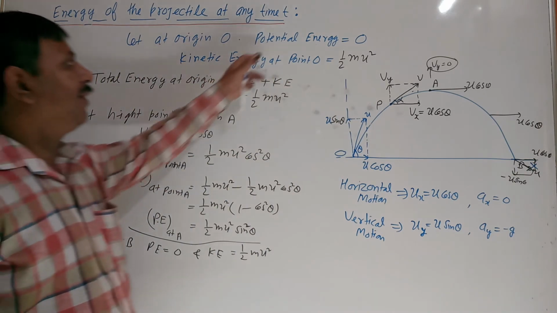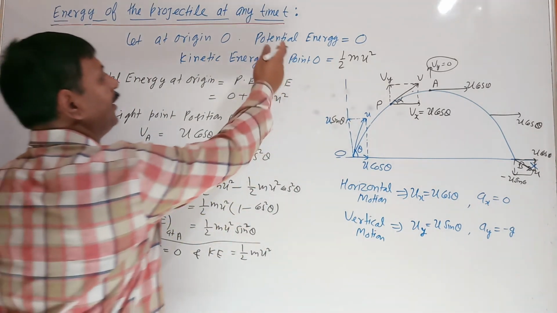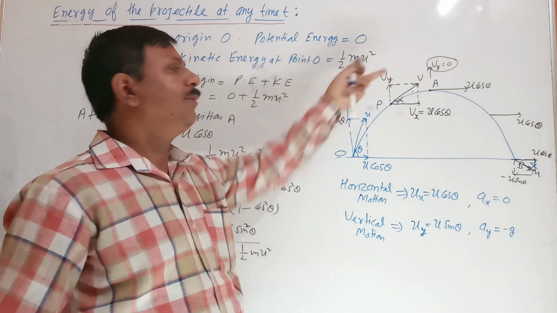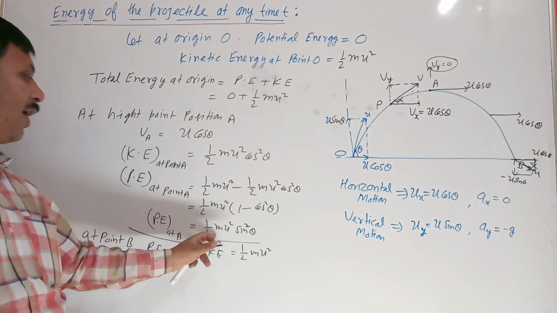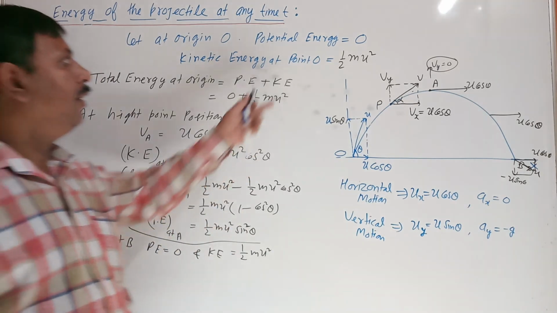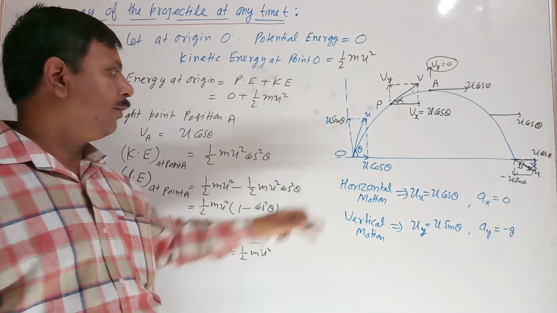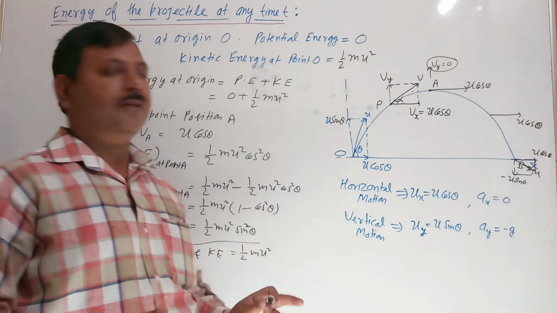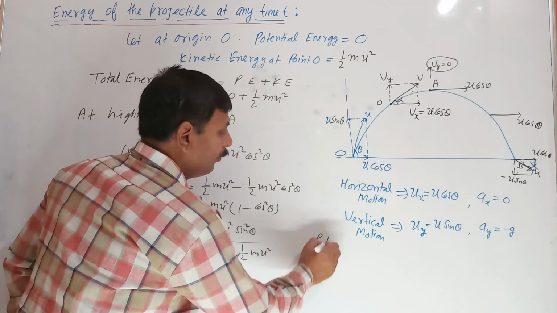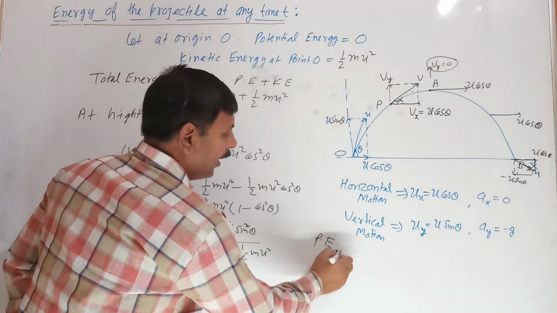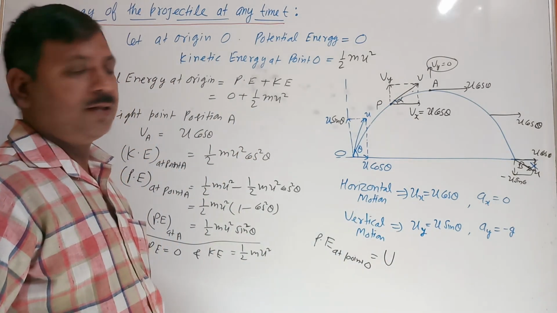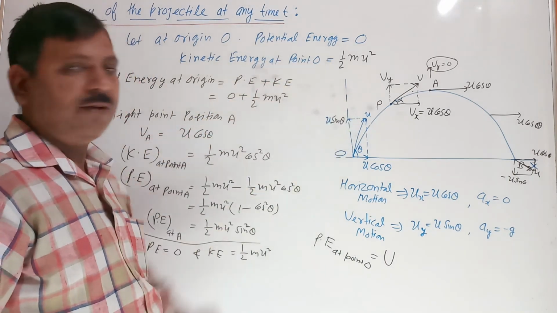Suppose the potential energy is not 0, then what happens? Suppose we do not take the initial potential energy as 0, and the potential energy at point O is capital U. Kinetic energy will be half m u square.